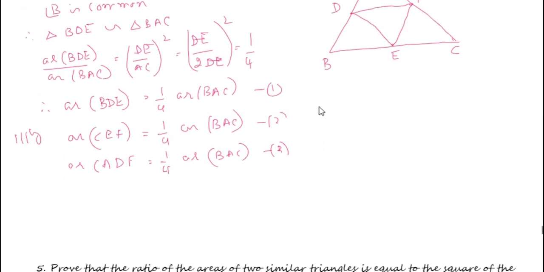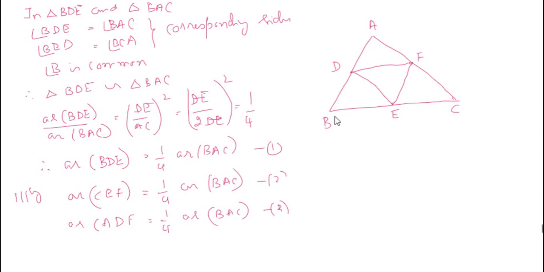Now if you add these three areas plus area of DFE, that is equal to the total area, this plus this plus this plus DF, that is the total area BAC.